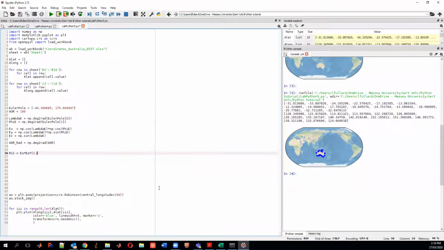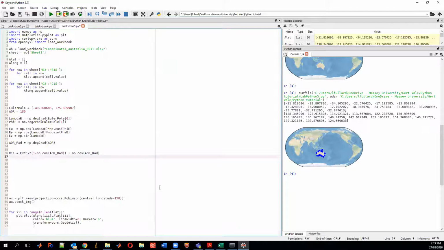That's EX times EX times 1 minus numpy dot cosine of the angle of rotation in radians, plus numpy dot cosine of the angle of rotation in radians. Okay, this is going to take a little while. R12 is equal to EX times EY times 1 minus numpy dot cosine AOR rad.